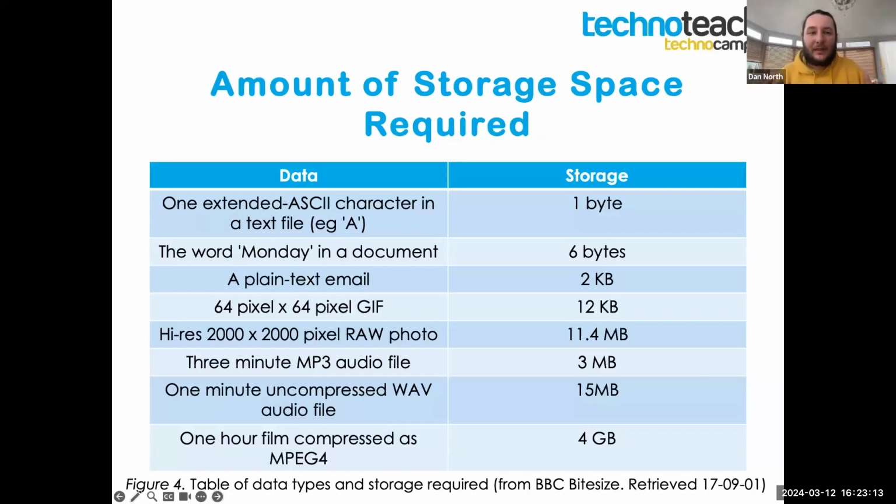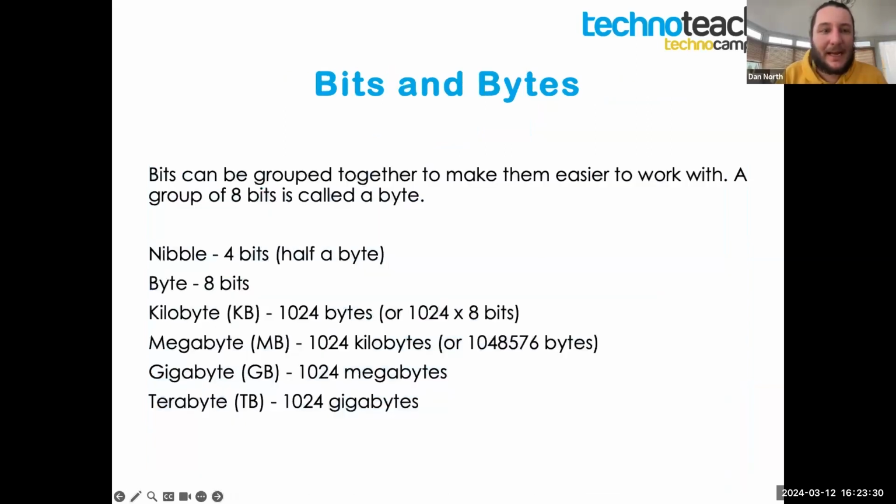Okay, so that's all about bits and bytes, how this information is stored within a computer and how many of those binary bits are actually needed to store these pieces of information. Okay, if we step back a sec, your megabyte is over 1 million bytes in size, which means it's approximately 10 million bits in size.